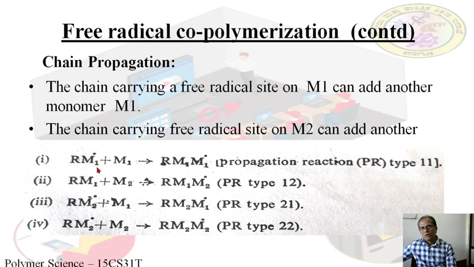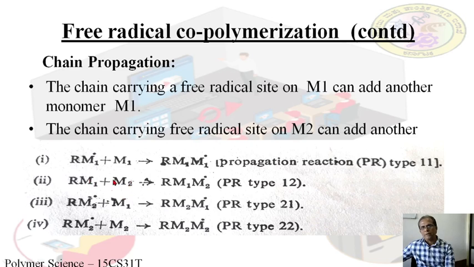Here one type with a similar type is going to react and form a lengthy macromolecule. Say propagation type 1,1. Then the second possibility: the same type of initiated molecule will come in contact with a different type of monomeric unit.